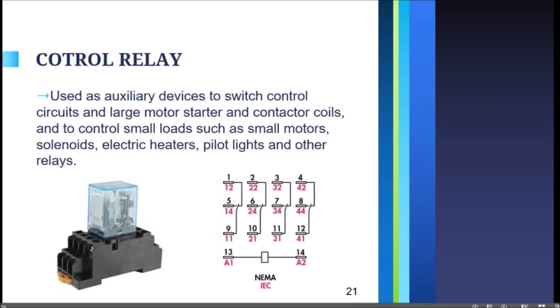Then we have the control relay. It is used as an auxiliary device to switch control circuits and large motor starter and contactor coils, and to control small loads such as small motors, solenoids, electric heaters, pilot lights, and other relays. The control relay can act like a contactor but for small motors. For larger motors, we will use the contactor.